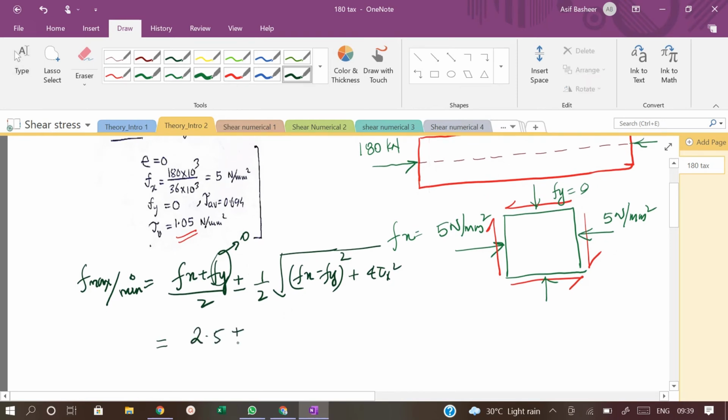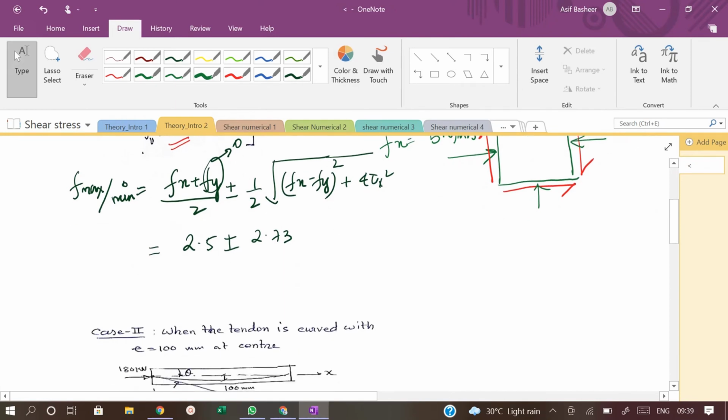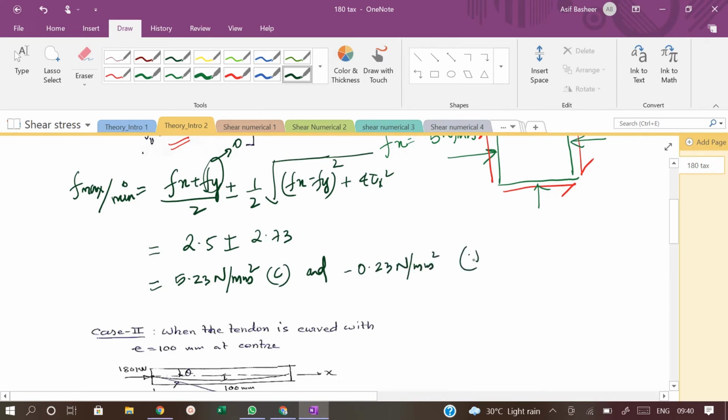That is 5 by 2 plus or minus. Substituting this value, you will get 2.73, which means I'll get one principal stress as 5.23 Newton per mm square, which is compressive, and the other, that is minus 0.23 Newton per mm square, which is tensile.